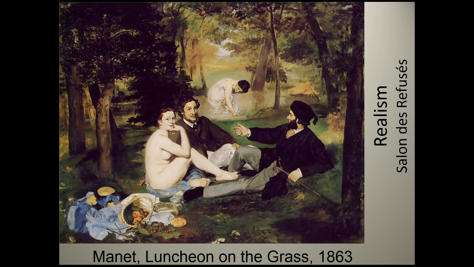Again, he made no transitions between the light and dark elements of the picture. He abandoned subtle gradations between light and dark and shading, and really tried to do these very exaggerated contrasts.